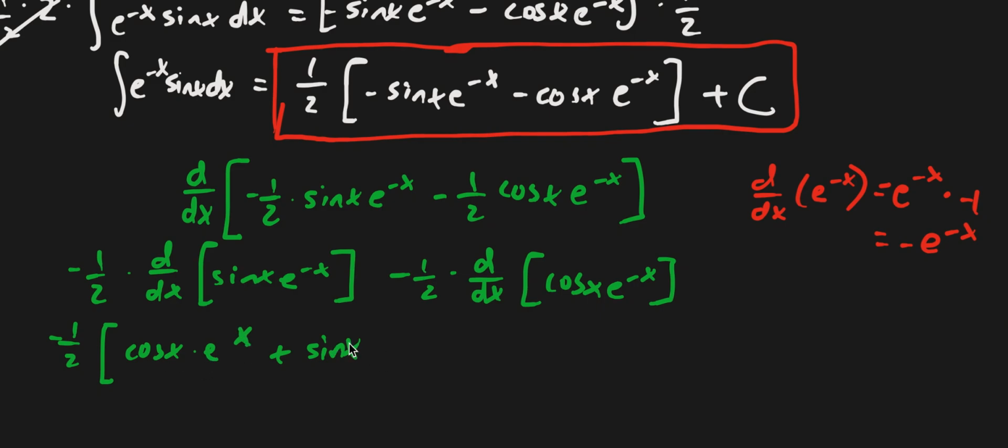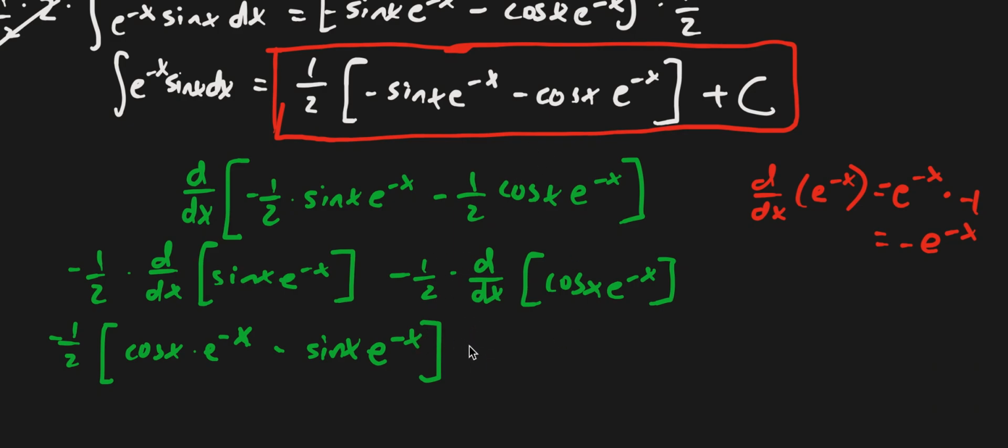This is what we have, and then this is sine x times negative, so we can subtract this here, minus sine x times e to the negative x, and this is what we have here. Okay, this is the first part. Cosine x times e to the negative x minus sine x times e to the negative x.